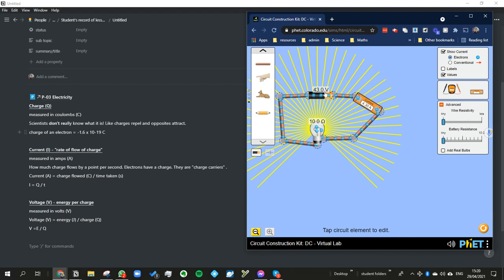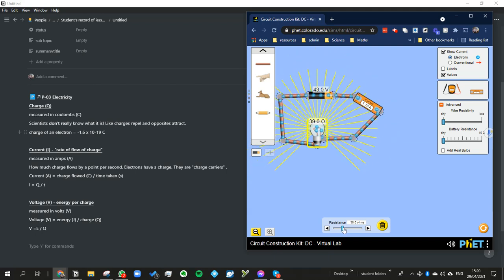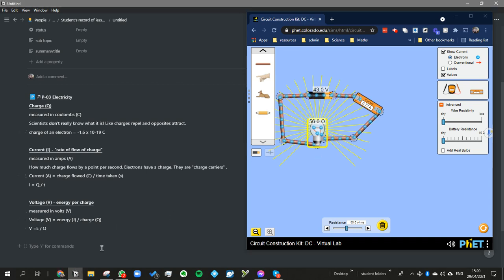But I can keep the voltage the same and still reduce the current, and the way I do that is by increasing the resistance. I increase the resistance, the current goes down, even for the same voltage. So let's do a heading for resistance then.